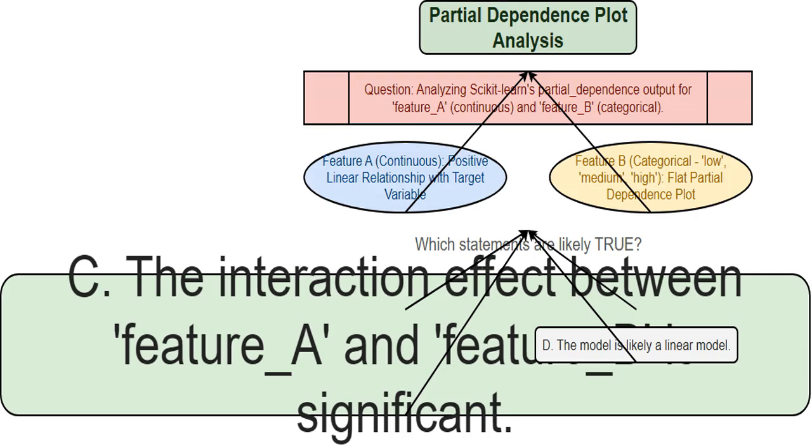While possible, we can't conclude there is significant interaction between feature_A and feature_B, only based on the information provided. A flat PDP for feature_B doesn't rule out a strong interaction effect. Further analysis is needed to determine whether such interaction exists.